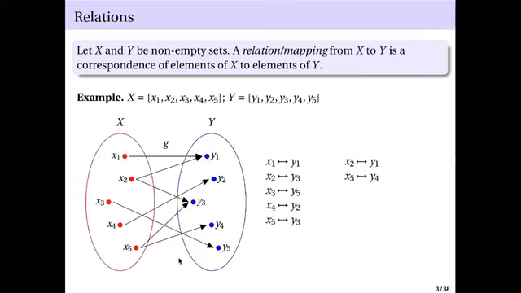Originally X5 is being mapped to Y3, but we add this mapping so X5 is also being mapped to Y4. So again, this is a relation, and let us name this relation G.